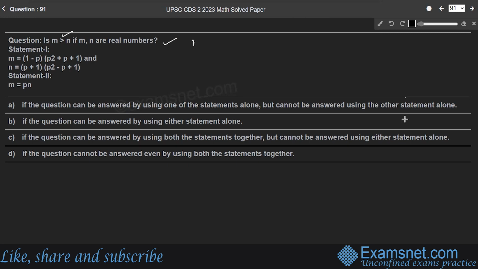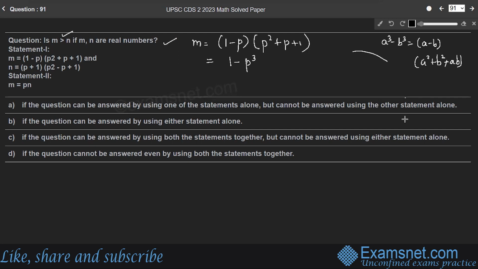Here M's value is given as 1 minus P into P square plus P plus 1, which is nothing but 1 minus P cube, because a cube minus b cube is a minus b into a square plus b square plus ab.